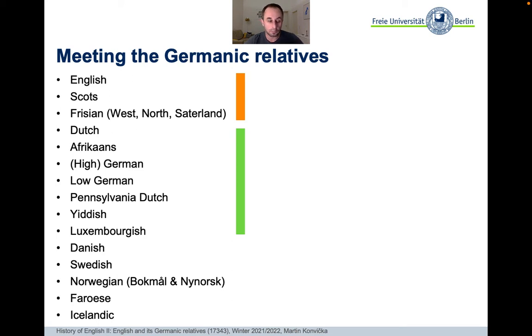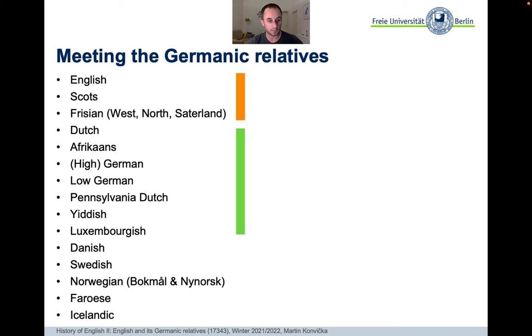The most widely spoken language of this group is German or High German, then Dutch, Afrikaans, spoken in Southern Africa, then also Low German, a minority language spoken in northern parts of Germany, then Pennsylvania Dutch, spoken in the United States. The name of this language is a bit misleading because it has nothing to do with Dutch.